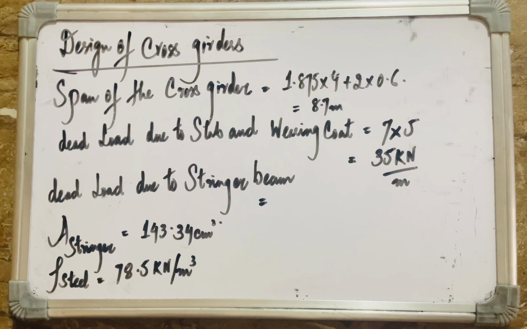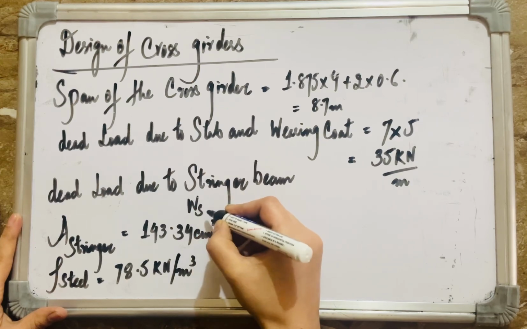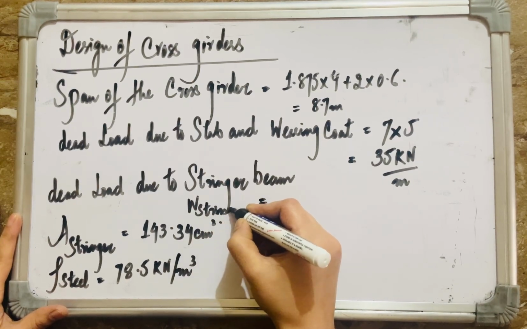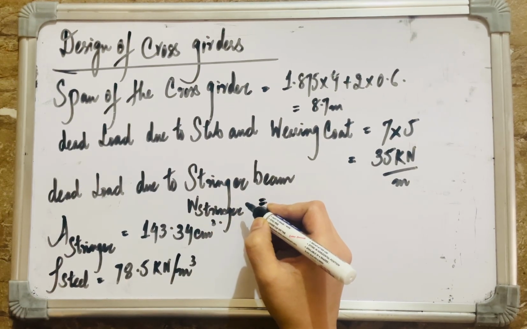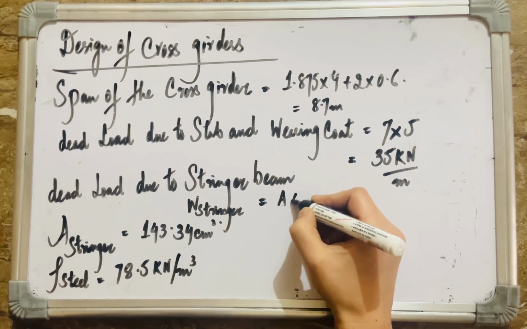I know the area of my stringer beam from the steel table because I know my stringer beam is ISWB 550. Then the weight of the stringer beam will be equal to area multiplied by the density.